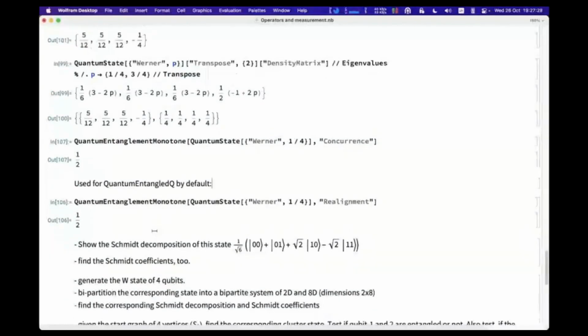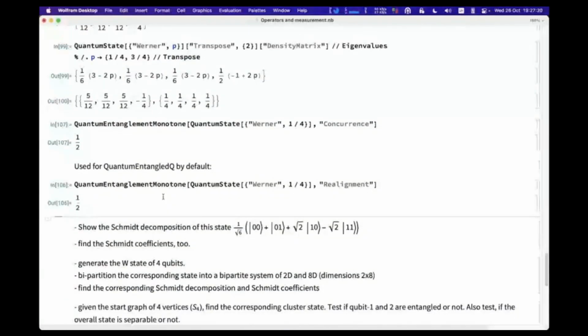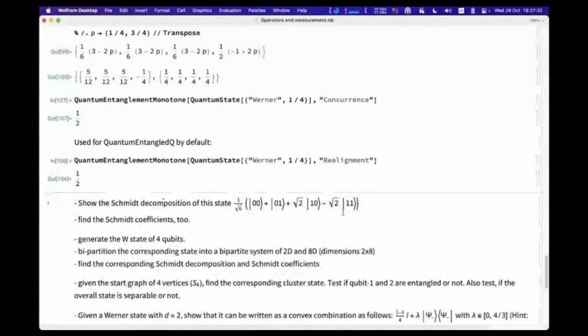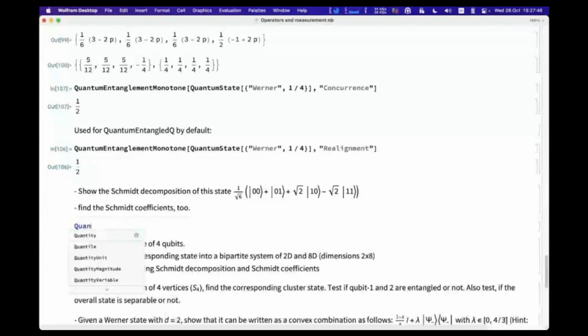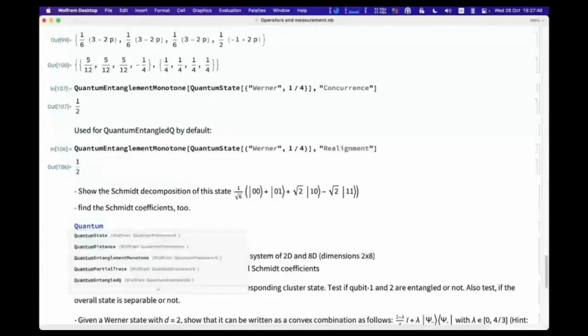Okay, so let's move on. Next example, Schmidt decomposition. That's a very nifty feature when you are going to higher dimensions, because it helps you do lots of calculations. For example, let's create a superposition. This time, let's just go with the amplitude because it's the same order.